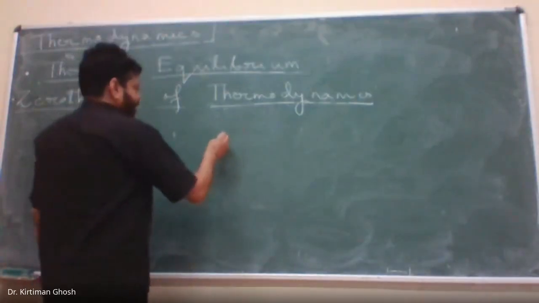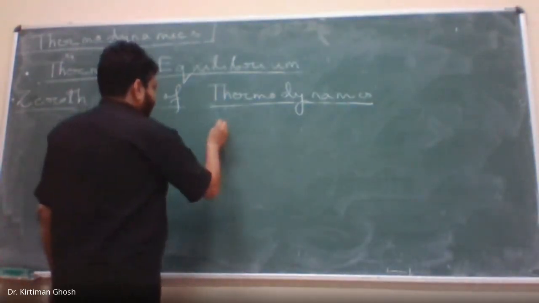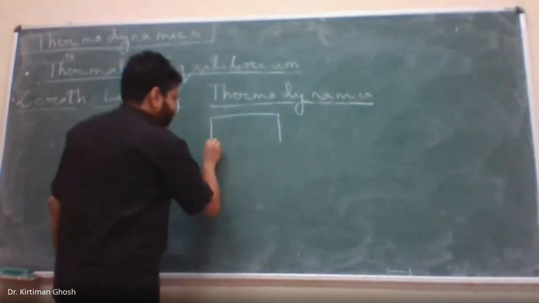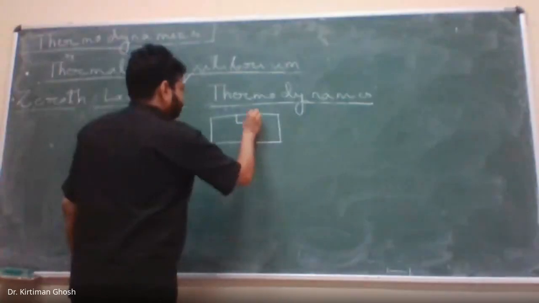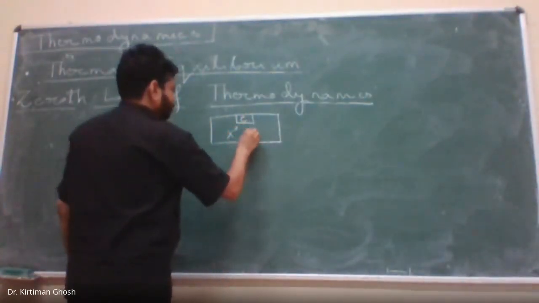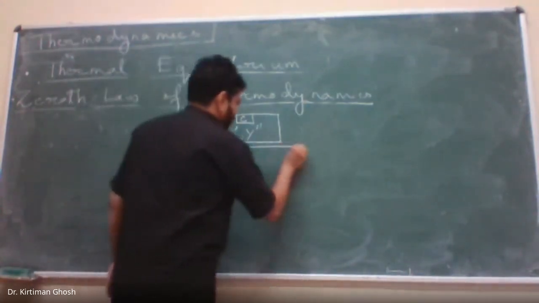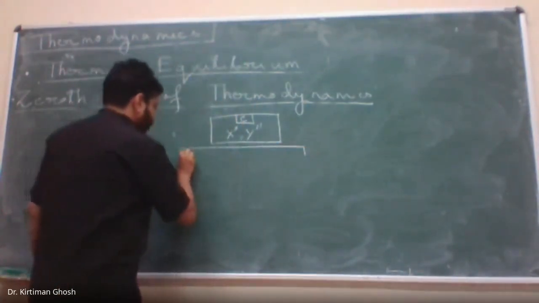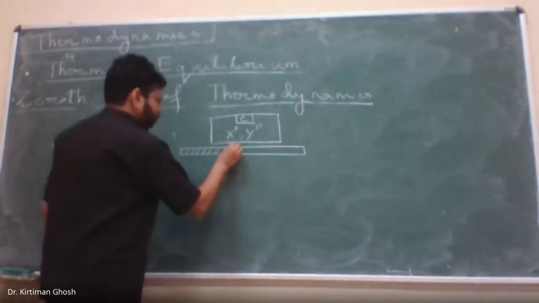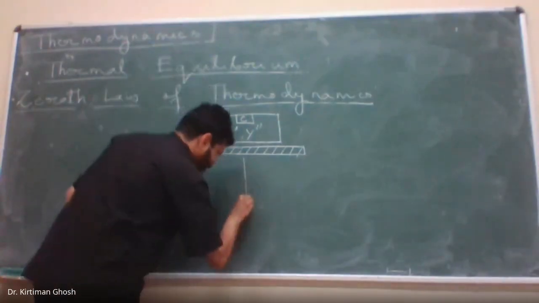So let us take this example. I have three systems. I have a system C with thermodynamic coordinates x double prime, y double prime. There is an adiabatic wall, and there is a diathermic wall.